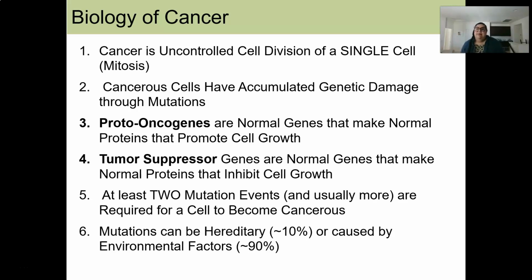I think a lot of people think of cancer as this big, ugly thing that comes and we can solve cancer as one big thing, but it's really the uncontrolled cell division of one single cell in one person. So it is really hard to manage if it's coming from one single cell. It's a really tricky disease, cancer.